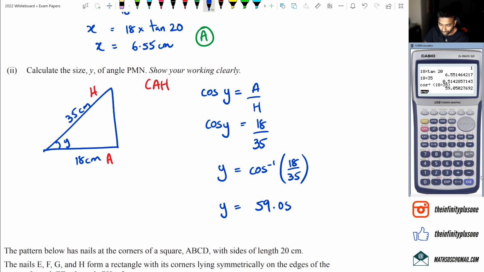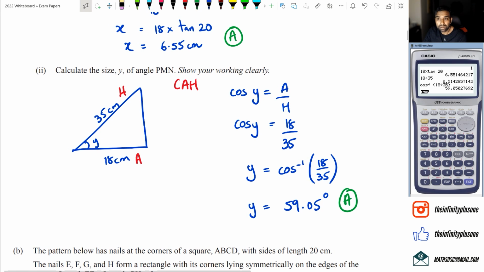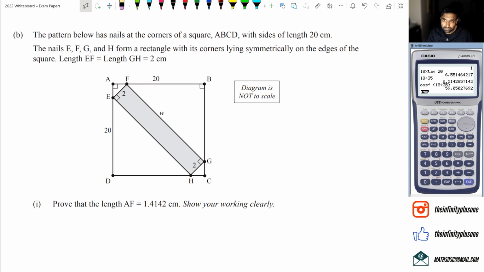There's nothing wrong with 59.05 degrees. By the way, this question is worth another achieved. So a nice way to start the exam so far, with 2 straightforward achieved questions. Okay, so let's go to part B of this question.